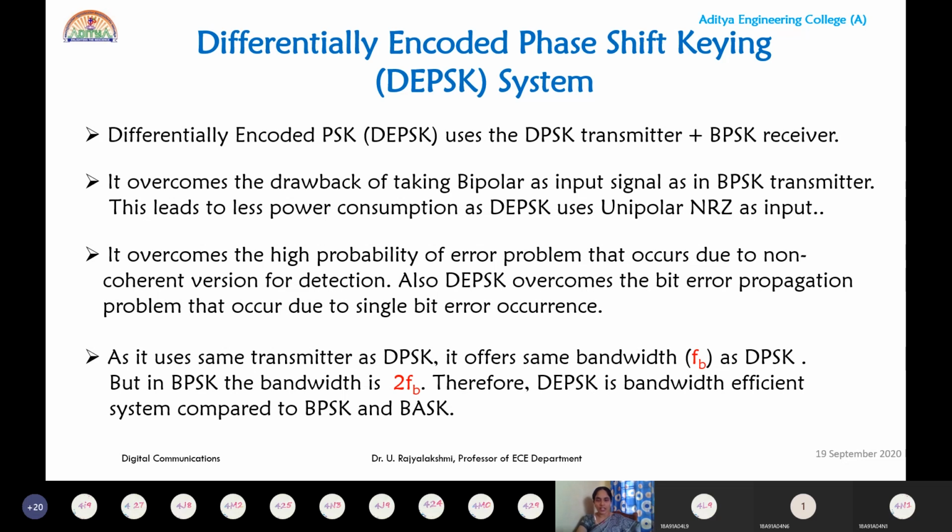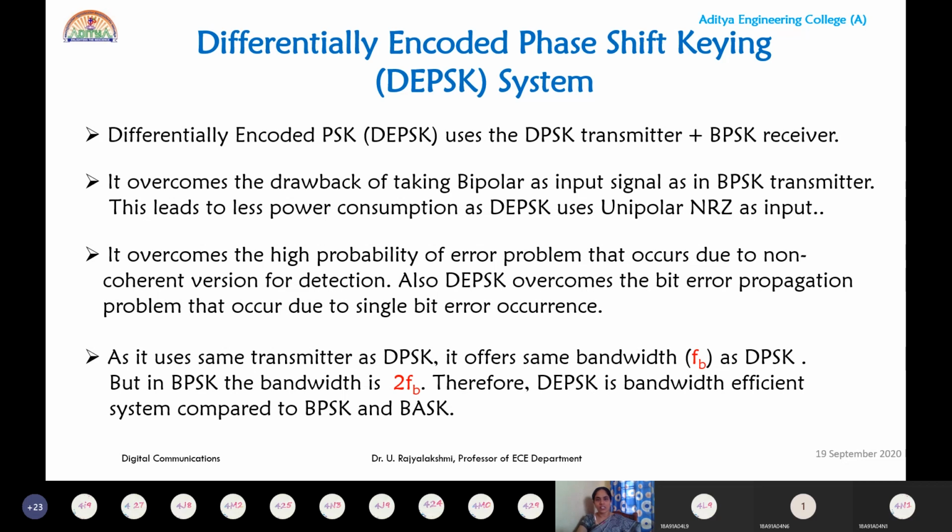Once we use bipolar energized, it needs a lot of power for transmission, because a bipolar energized signal has two levels, a positive level and a negative level. The power required for transmitting the negative magnitude is equal to that of the positive magnitude.